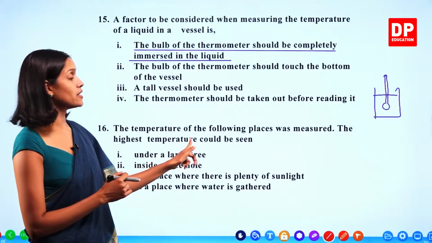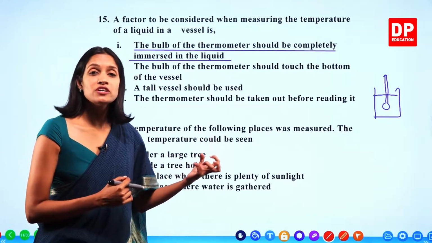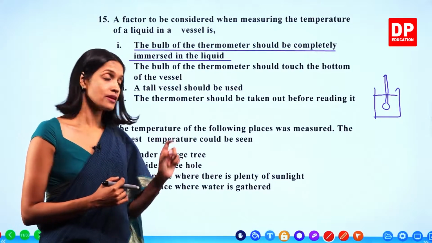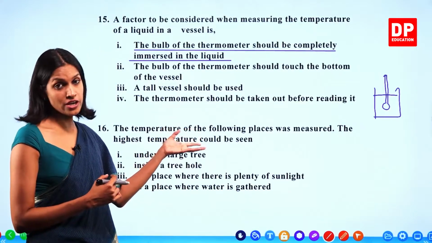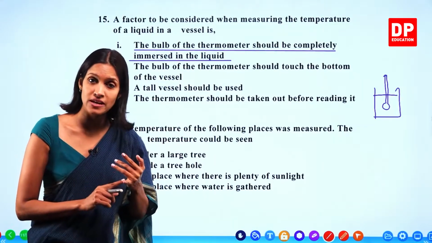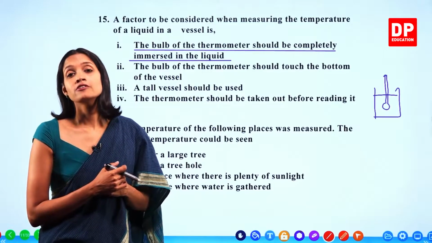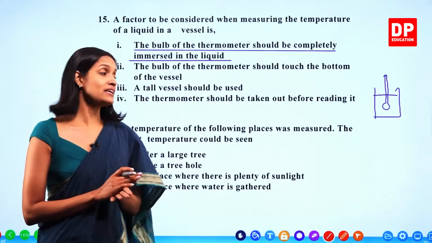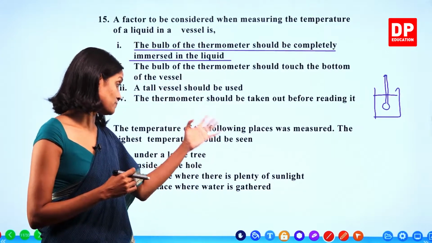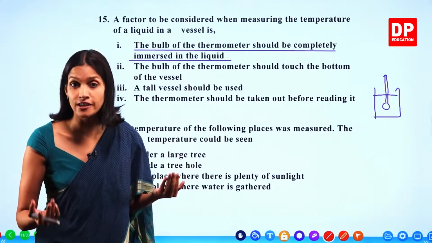We measured the temperature of a soil sample taken from under a large tree, another soil sample taken from a place where there is plenty of sunlight, and the third sample was pond water. We observed clearly that the soil sample taken from the place with plenty of sunlight had the highest temperature.